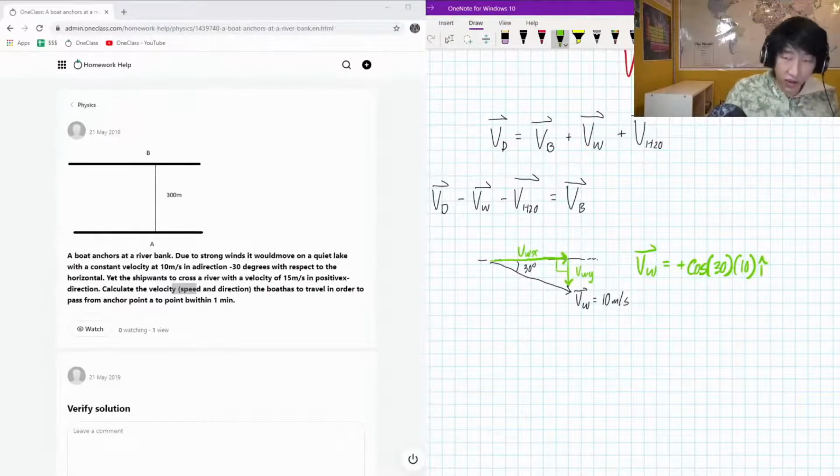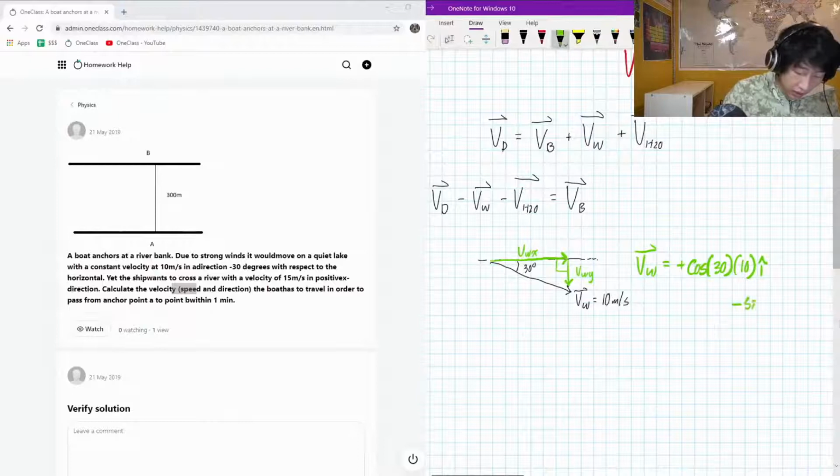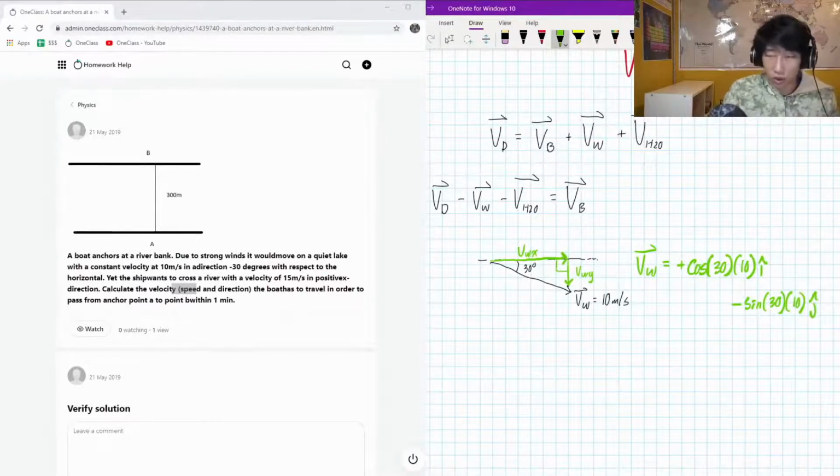And then in the j direction, we're going negative, so we got to have a negative term out here. And if we use cos for one, we're going to probably use sine for the other. And you can double check that. I know for a fact that's got to be right. Times 10 in the j direction. Okay, cool. So we can math this out real fast.